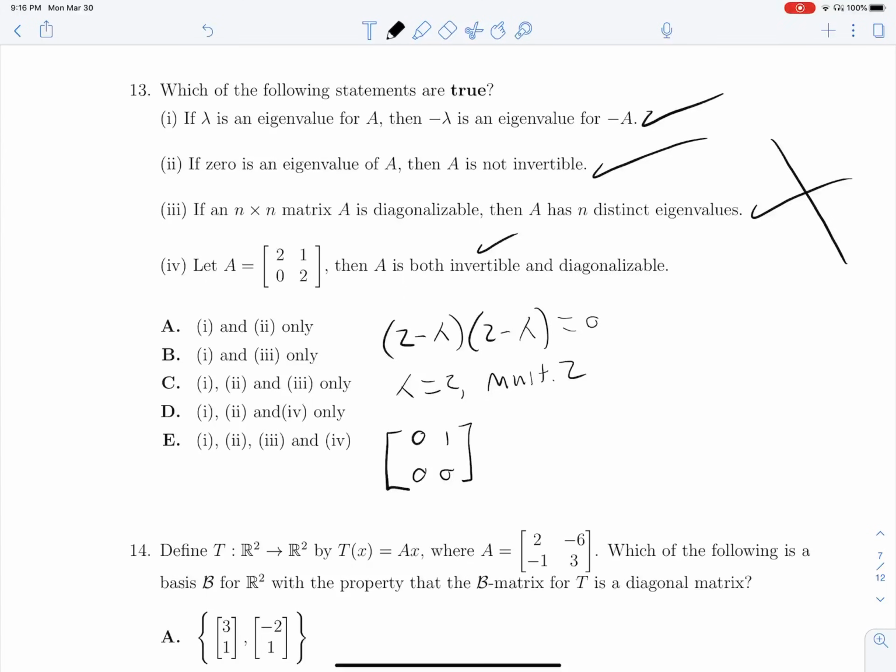And right off the bat, we see that we will only get one eigenvector from this matrix right here.